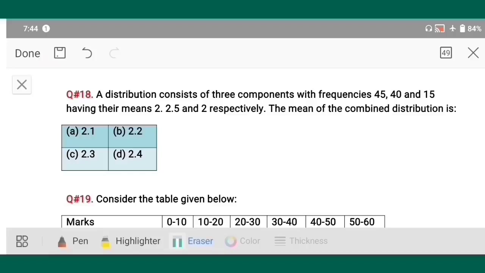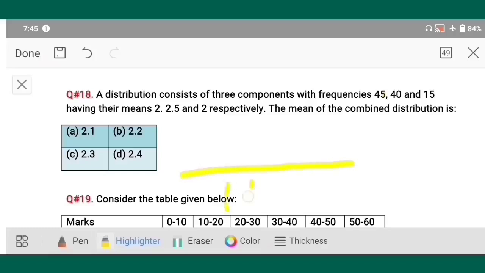So we know that we have frequencies 45, 40 and 15. So just add these: 45 plus 15 gives 60, and then add 40, so it gives 100.